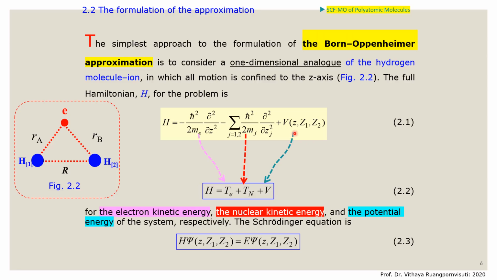Small z means the position on the z-axis. Capital Z1 and Z2 are the positions of hydrogen 1 and hydrogen 2. Therefore, the Schrödinger equation can be written as a function of small z and capital Z1, Z2, as shown in equation 2.3.